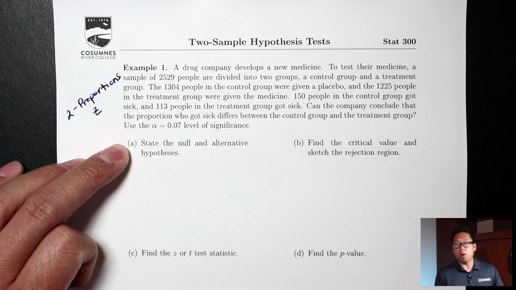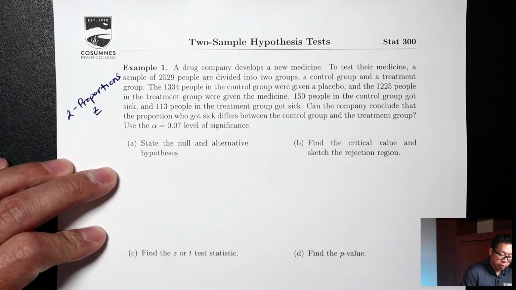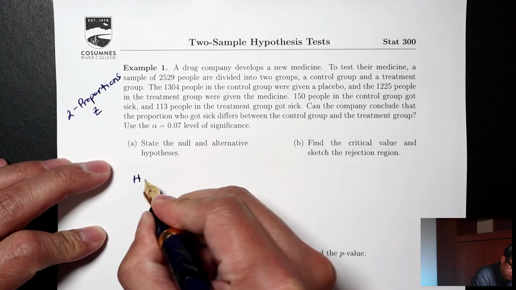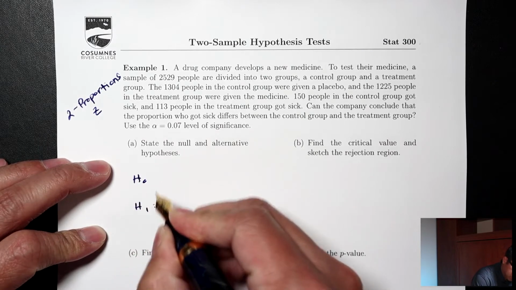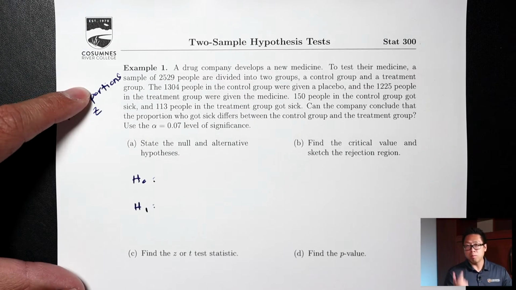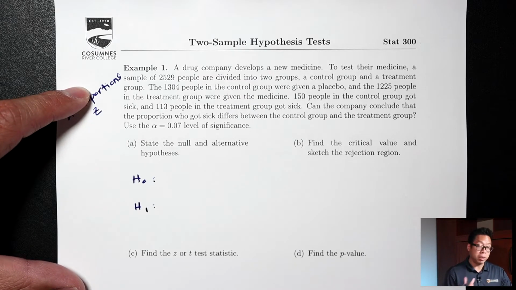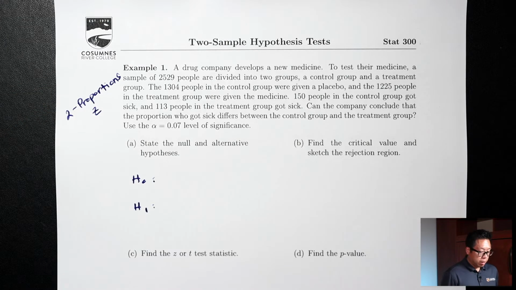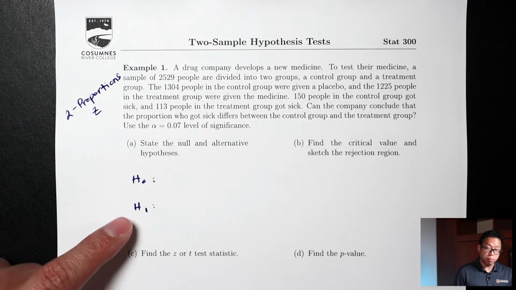Part A, state the null and alternative hypotheses. So these are my H0, H1. And just like in the last lecture, proportions will involve the symbol P, means will involve the mu symbol, which is the symbol for means. So we're talking about proportions here, so we should be using P's.